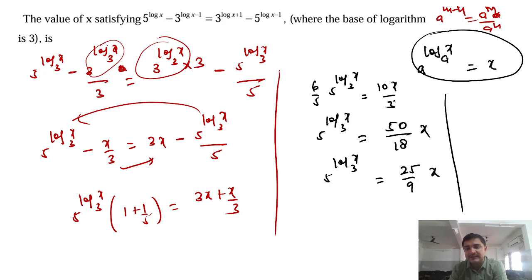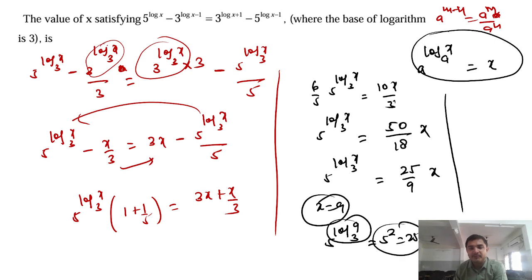If I'm substituting 3, we'll be getting 4. Let's say 9, 5 square 25. Yes, x equal to 9 if I'm substituting, tell me what I'll be getting. 5 power log 9 base 3, which is 2, so 5 square, which is 25. But in the RHS, what I'll be getting, 25 by 9 into 9, which is again equal to what?